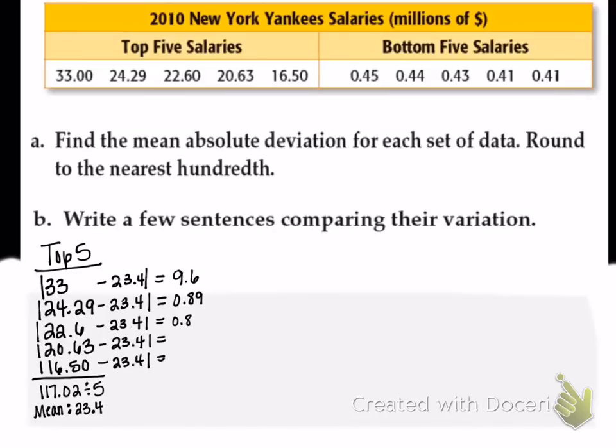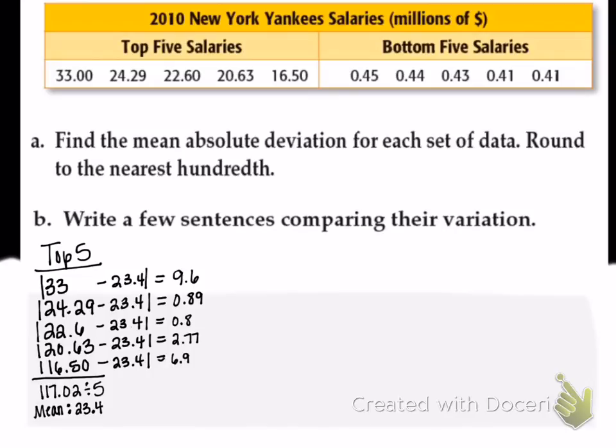We then do 20.63 minus 23.4, which leaves us with negative 2.77. Because we are taking the absolute value, we will write down positive 2.77 as our answer. We'll do the same thing for 16.5 minus 23.4, and we come up with negative 6.9, and because we're taking the absolute value, our answer will be positive 6.9.